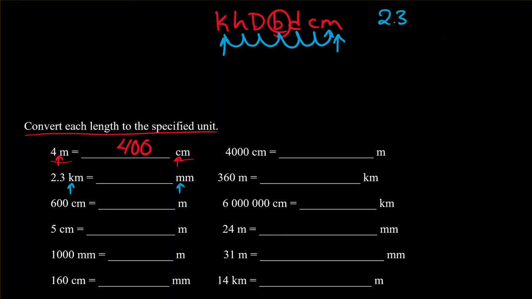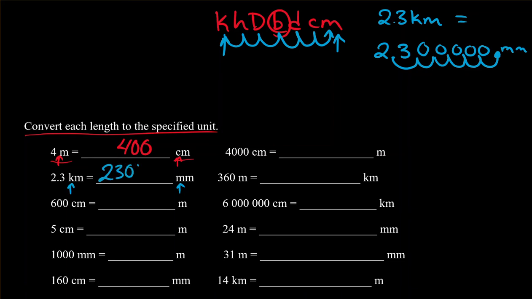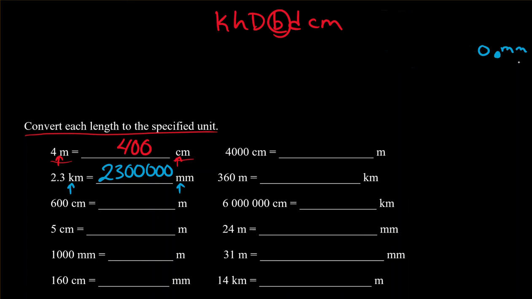So 2.3 kilometers equals 2.3, moved 6 times to the right: 1, 2, 3, 4, 5, 6. I fill the rest with zeros. That looks like 2.3 kilometers is 2,300,000 millimeters.